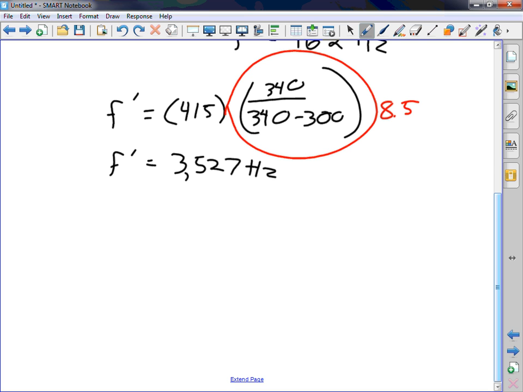If we were dealing with limits here, that would be a term you're going to get familiar with in math. Limit just means as you approach something, as we get closer to it, what would be the limit of this possible idea? What happens whenever I get closer and closer to 340? The denominator goes to 0, right? 340 minus 340 is 0.